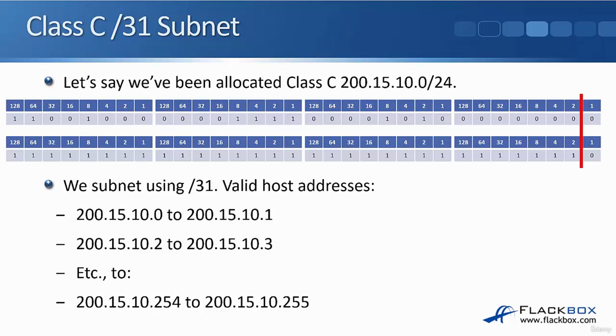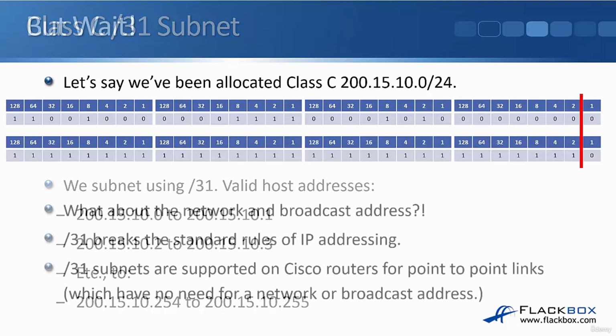You can check this by, we're using 200.15.10, so the first 3 octets are never going to change. The last octet, you just start with all zeros, and then it would be 0000001, and then a 0 or a 1, and then 0000010, and then a 0 or a 1, and so on.